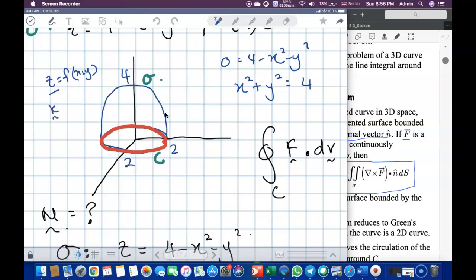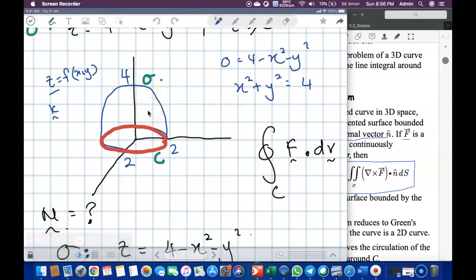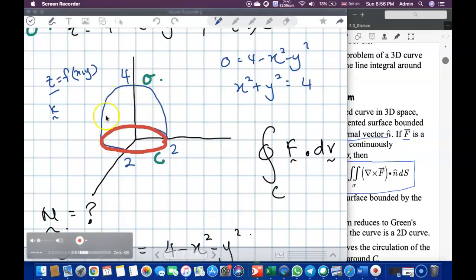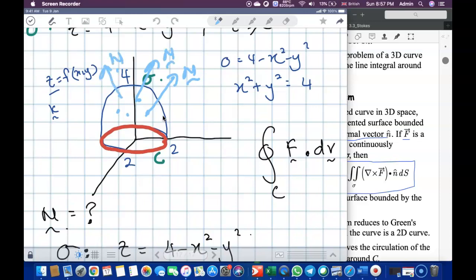Now look at your surface. You want n to point outward from the surface. Your surface is a bowl, concave down. When you choose any point on your surface, your arrow n always points outward.